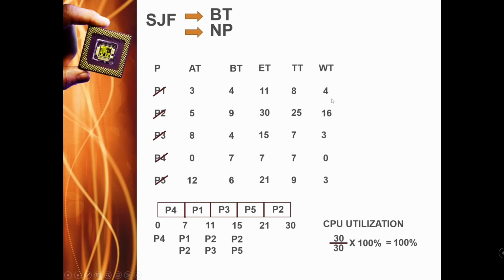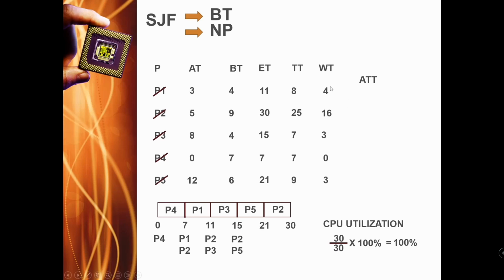So, now let's compute na yung average turnaround time. So, yung average turnaround time is i-add lang natin yung summation ng turnaround time ng lahat ng process and i-divide lang natin sila kung ilang processes sila. So for example, i-add natin 8 plus 25 is equals to 33 plus 7 equals to 40 plus 7 equals to 47 plus 9 equals to 56.